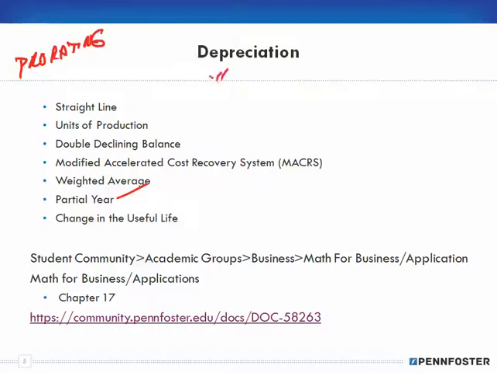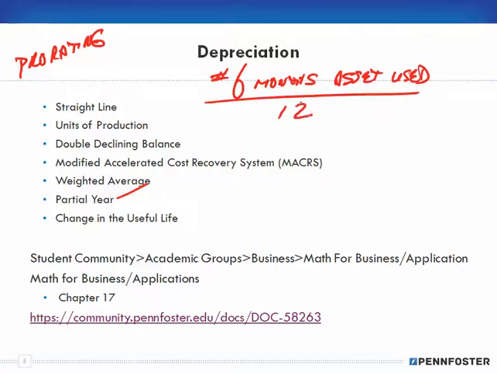So you're going to take the number of months the asset is used, and divide it by 12, and you're multiplying that by the depreciation expense for the entire year.